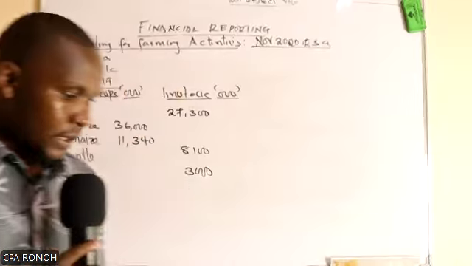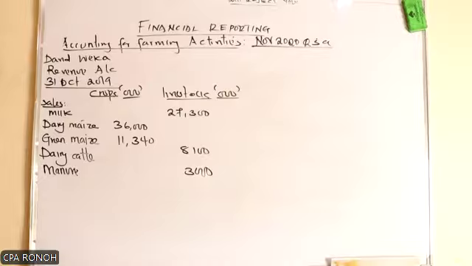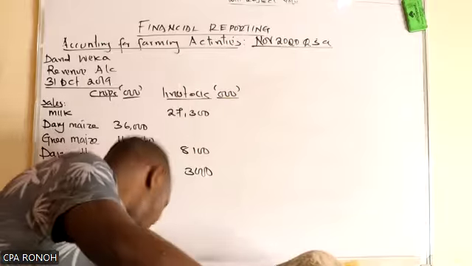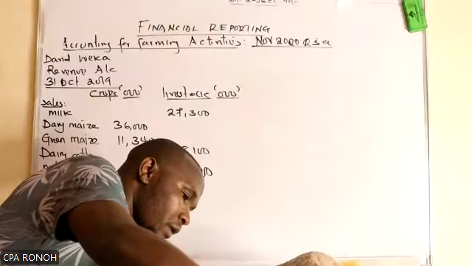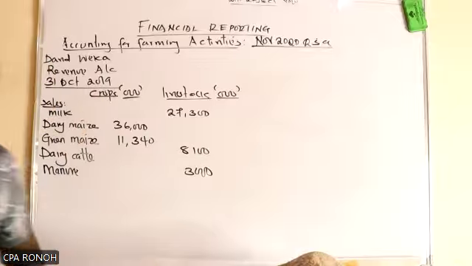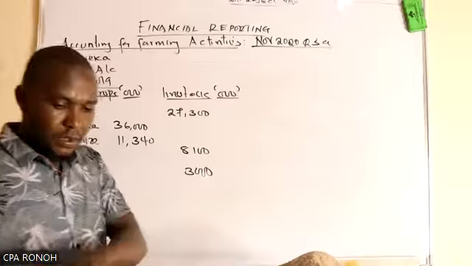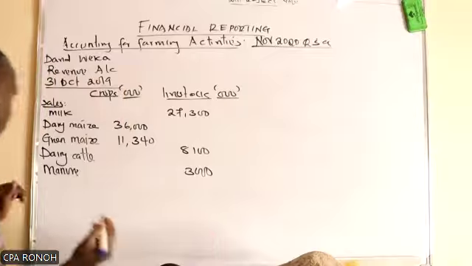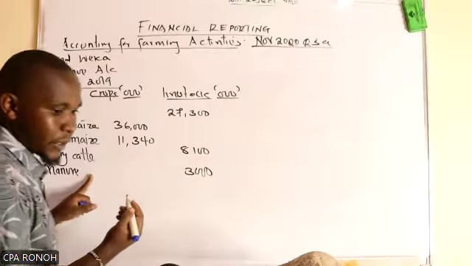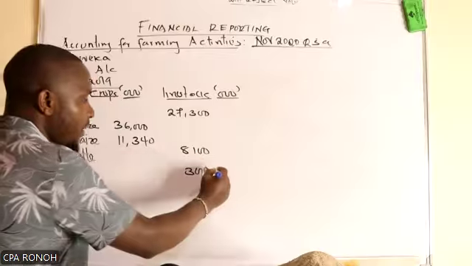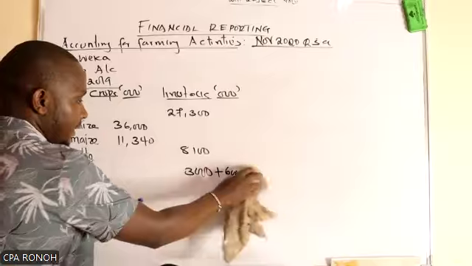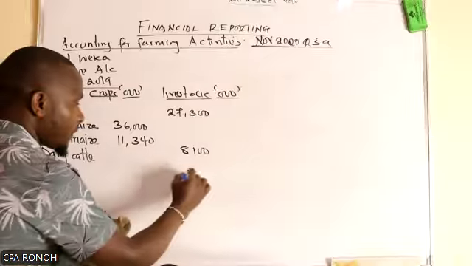Now I get the inter-transfer. You remember the inter-transfer? We said it is income on one side and an expense on the other side. So we have to recognize that one also. So still manure, we add the 600 because we transferred manure of 600 to the crops. So the total revenue for manure will include that 600.